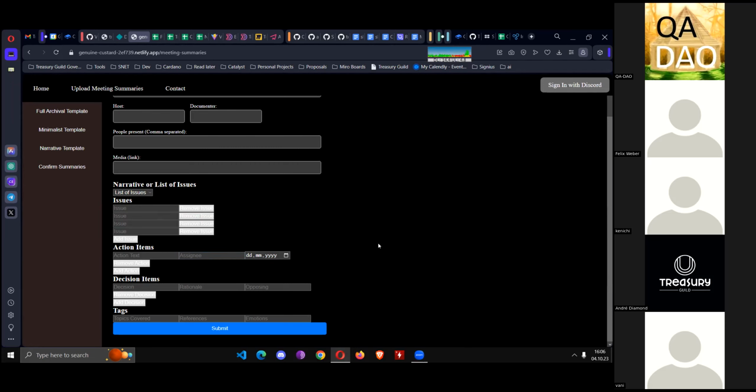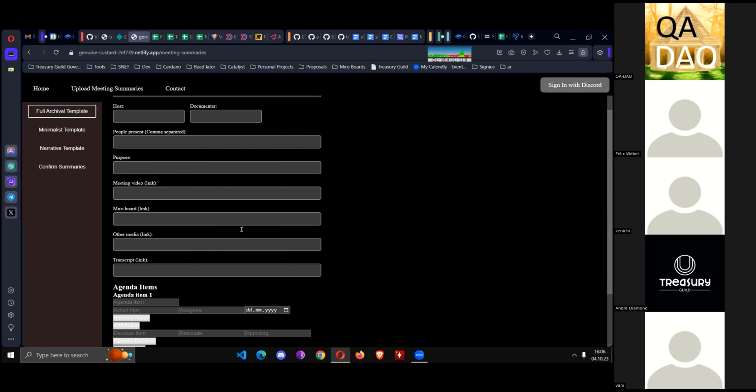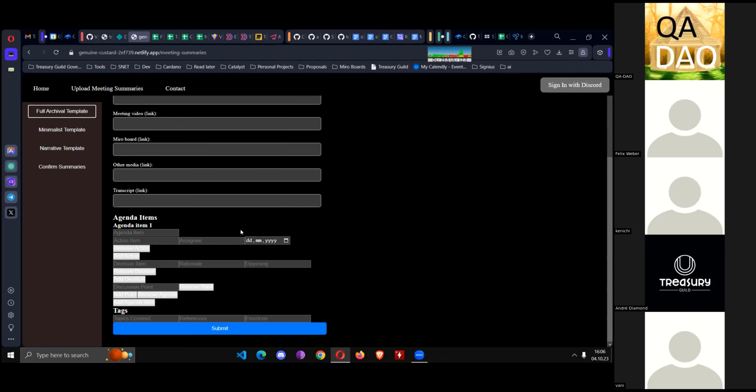Some work groups will be much more formal. I'm thinking of TiVo, where the full archival template is based on TiVo's approach, where it's very systematic, whereas the narrative template would be more informal.